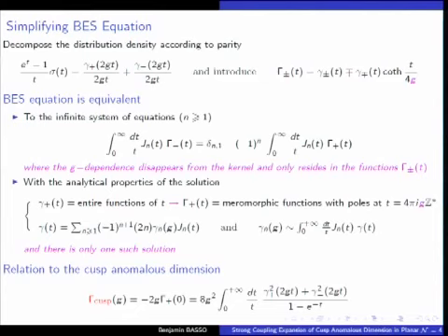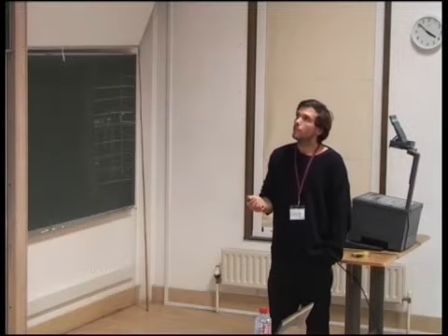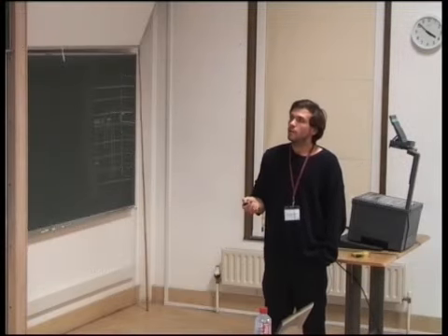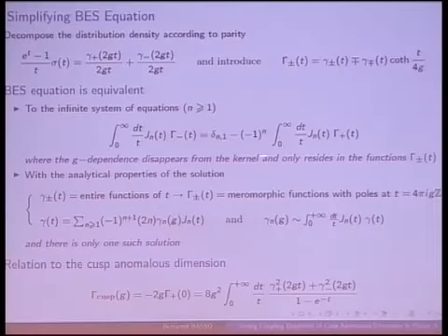So the claim is that the BES equation is equivalent to this infinite set of equations, and as you may observe, the G dependence disappears from the kernel, and now is inside this function.